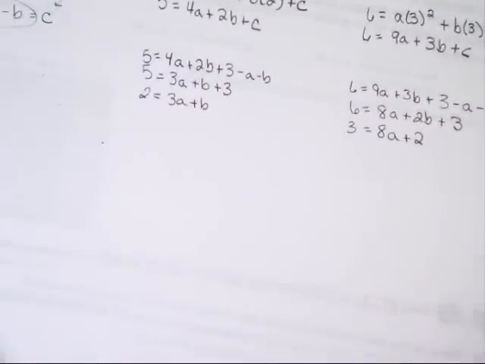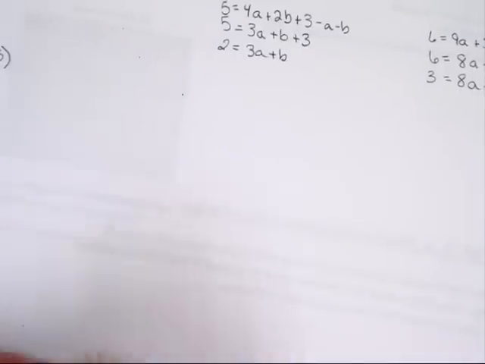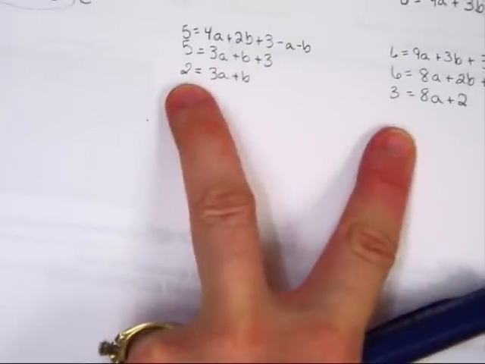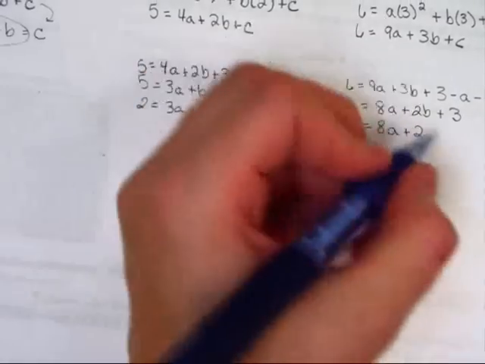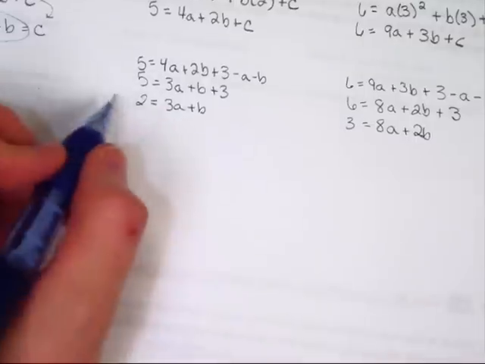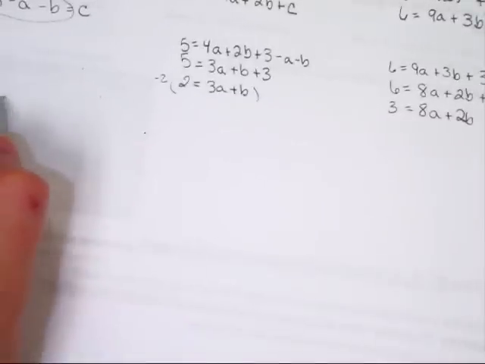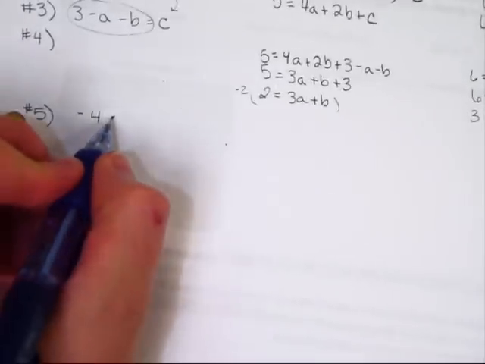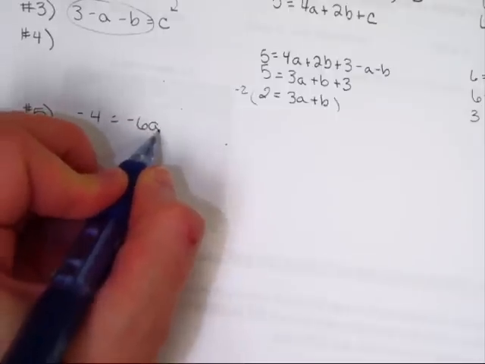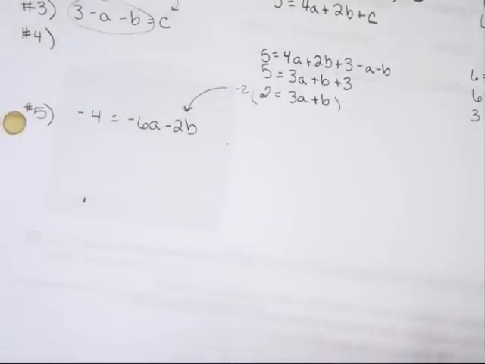Step 5. Linear combo these two. I notice the b's are going to cancel pretty easily if I multiply this one times negative 2. Negative 4 equals negative 6a minus 2b, and that came from multiplying by negative 2.